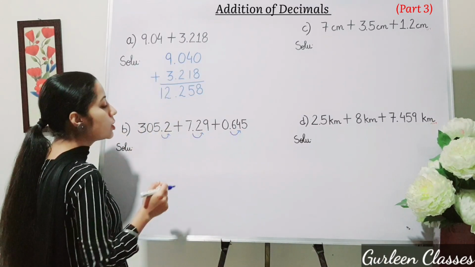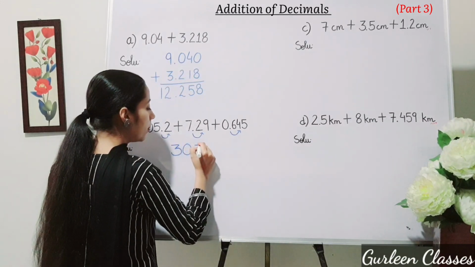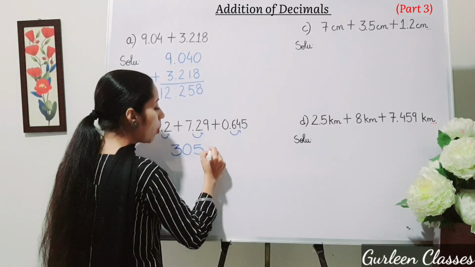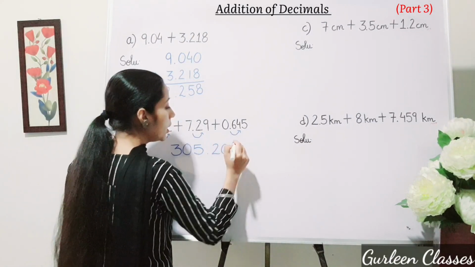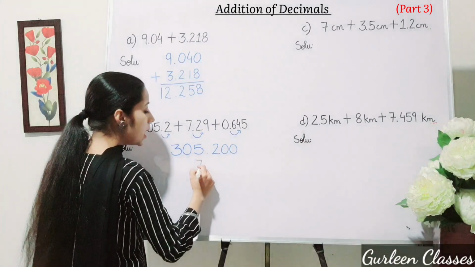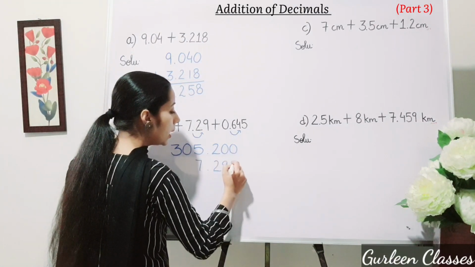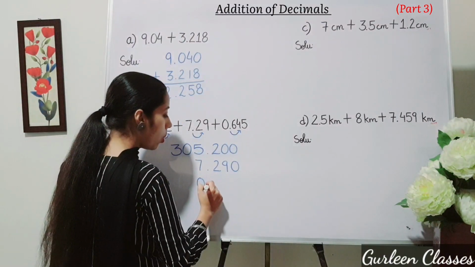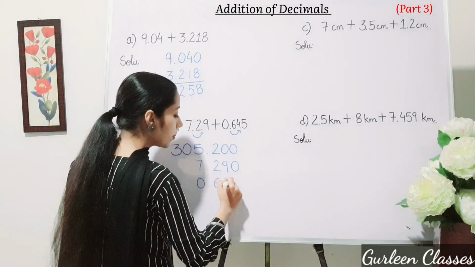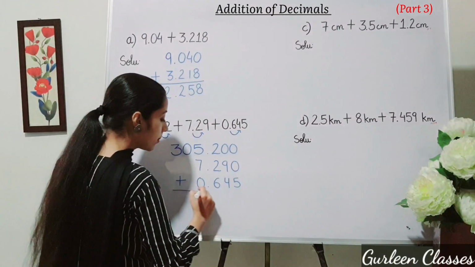So we will place 2 zeros here. 305.200, then 7.290, then 0.645. So let us add.